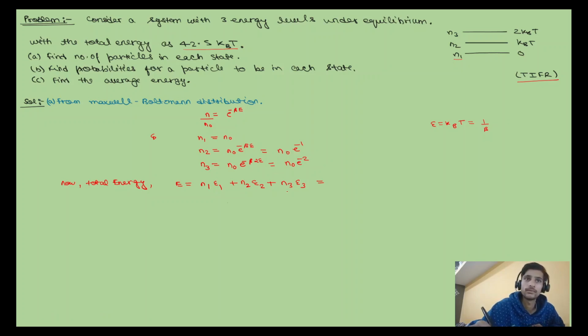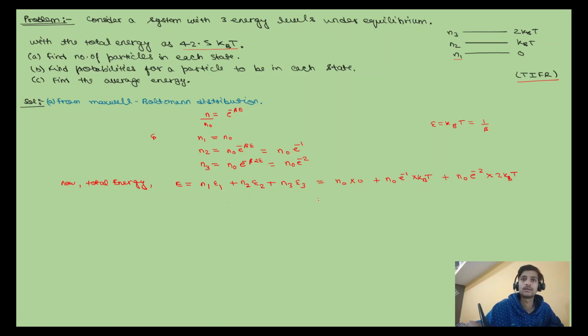Okay, so in the first state there are N0 particles, but the energy of that level is 0, right? And in the second state, the number of particles are N0 e raised to power minus 1, and the energy of that state is kBT. And in the third state, the number of particles are N0 e raised to power minus 2, and the energy of the state is 2 kBT.